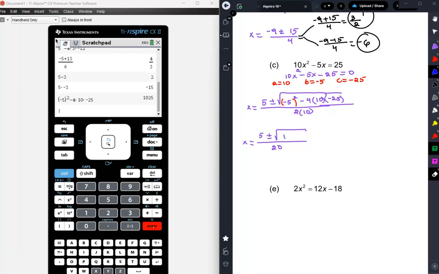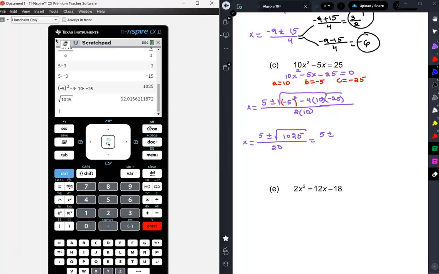1025. Yeah, 1025. Okay, so now this is 5 plus or minus the square root of 1025. This time it's a decimal. When I get a decimal for this, this is the only time I'm able to get a final answer that's a decimal.